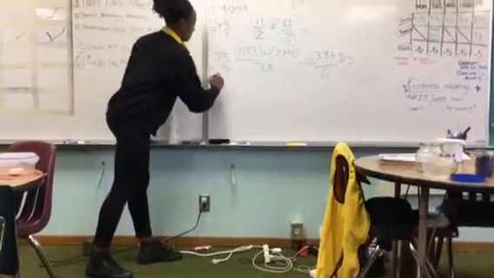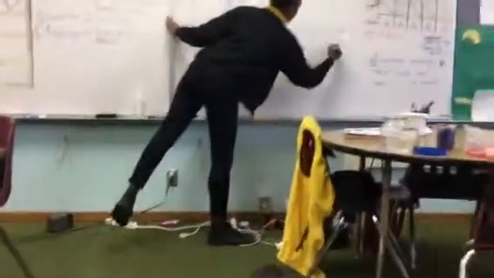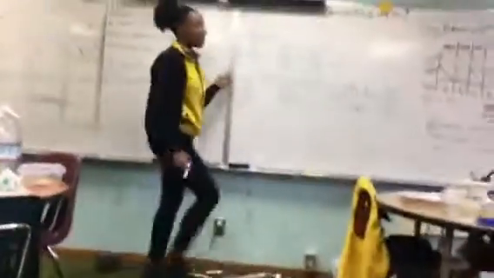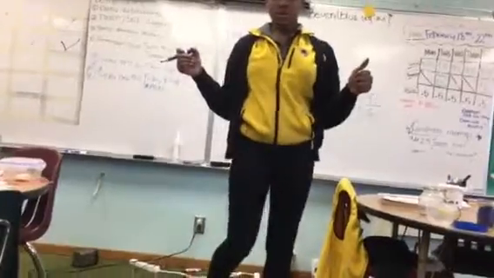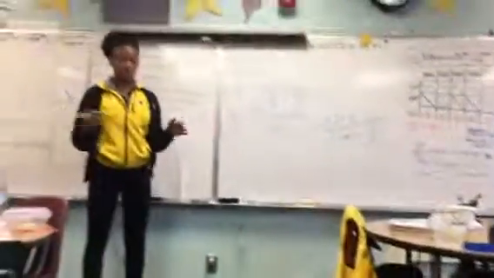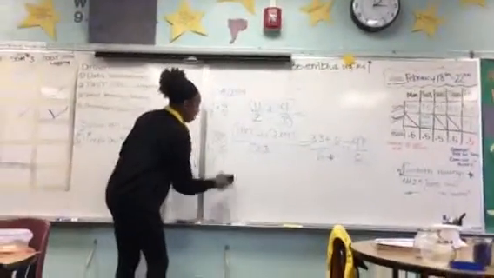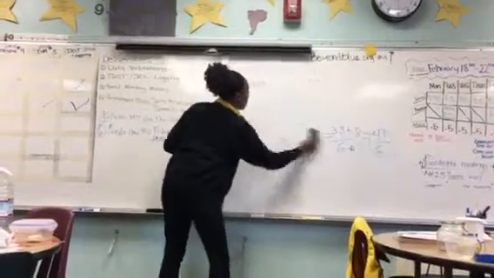Yes. 41 over? 6. Very good. Okay. So are y'all okay with decomposing and adding fractions? Yes. Okay. We have time. The bell is about to ring, so we have time for one more fraction.